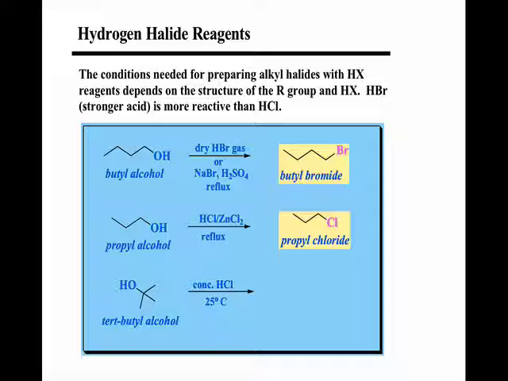Tert-butyl alcohol, reacting it with concentrated HCl at 25 degrees, very easy reaction, and you end up with this product called tert-butyl chloride. Yes, sir? I was going to ask what the condition reflux was like. Okay, reflux. Can anybody answer that? What does reflux mean? It means to heat it to boiling.